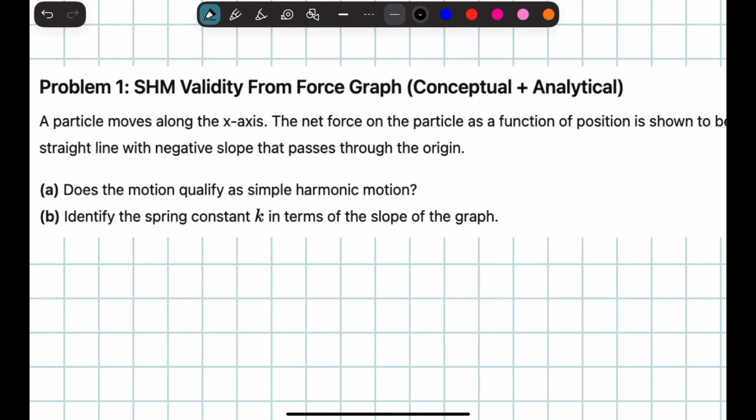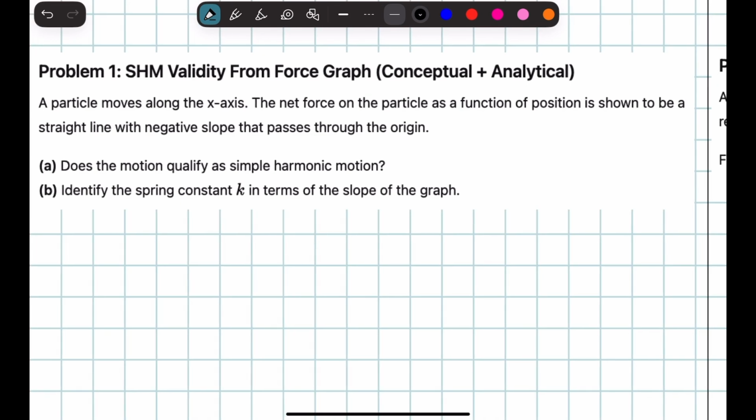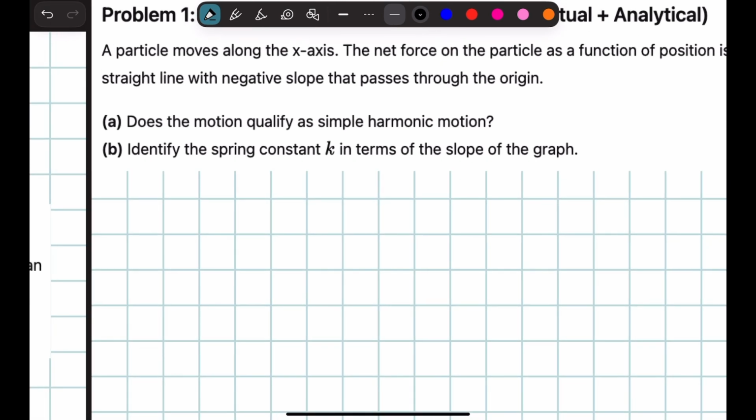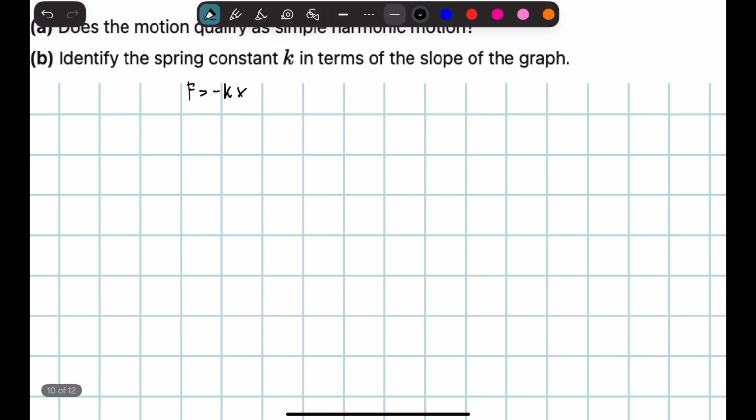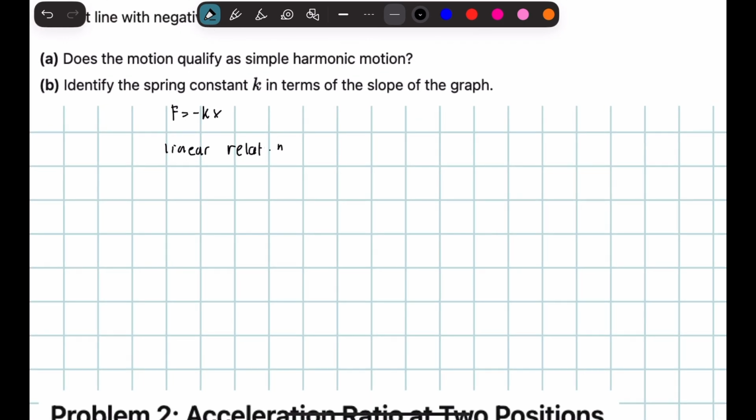A particle moves along the x-axis. The net force on the particle as a function of position is shown to be a straight line with a negative slope that passes through the origin. So does this motion qualify as simple harmonic motion? We can recall again the definition for simple harmonic motion, which is F is equal to negative kx. So if we analyze the force graph, we know that we have a linear relation between force and displacement.